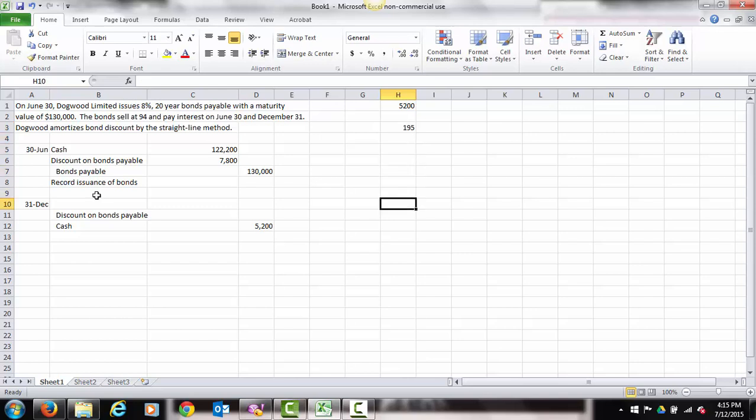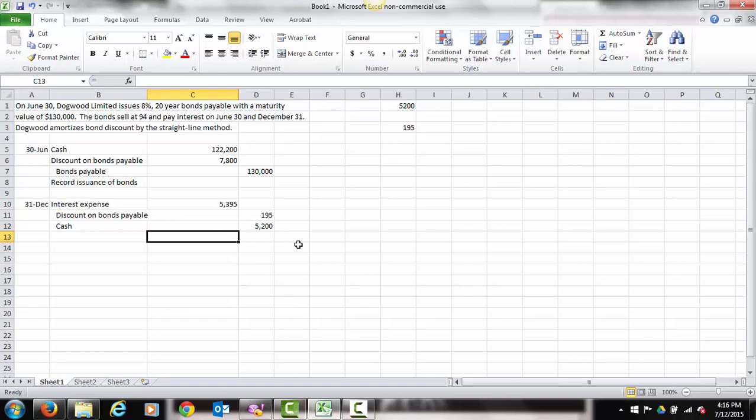So that means every time I make an interest payment, I'm also going to amortize that discount on bonds payable in the amount of $195. And then my interest expense is the total of the cash that I'm going to pay for that interest payment of $5,200 plus my discount on my bonds payable.